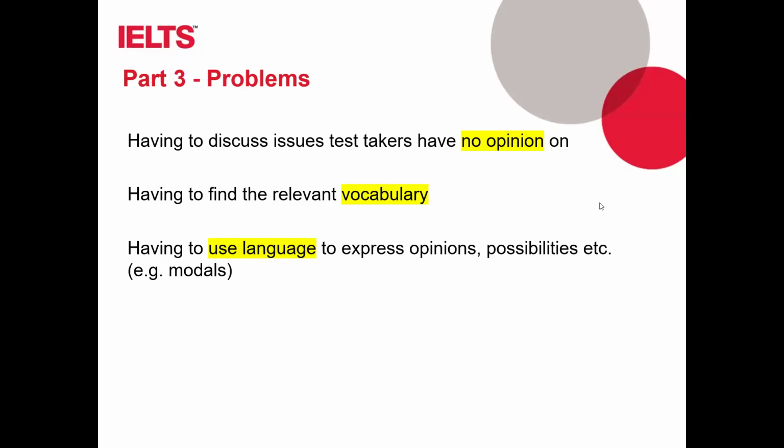And we obviously aren't given time for brainstorming or to think about the question. In part 2, we are given 1 minute to make notes or think about the answer. But in part 3, it's a two-way conversation, and we won't have time to brainstorm. We will just have to answer directly.